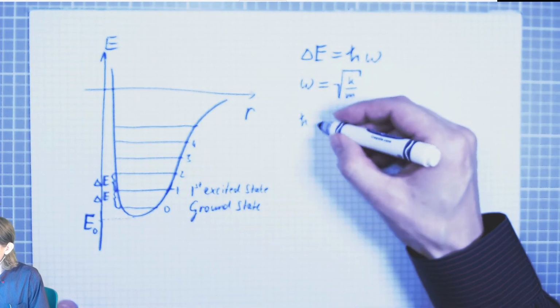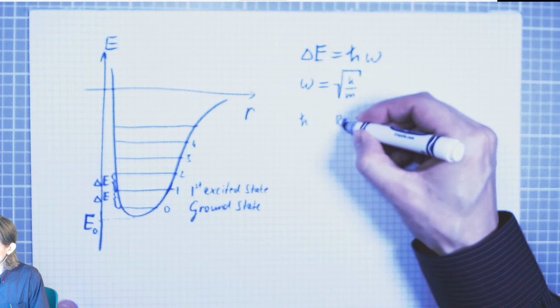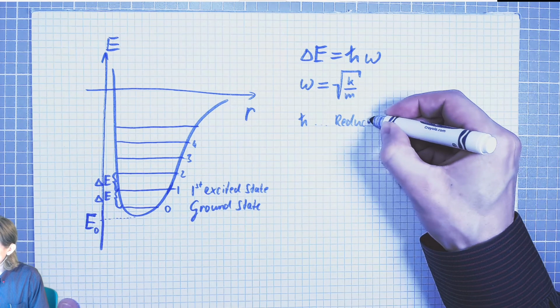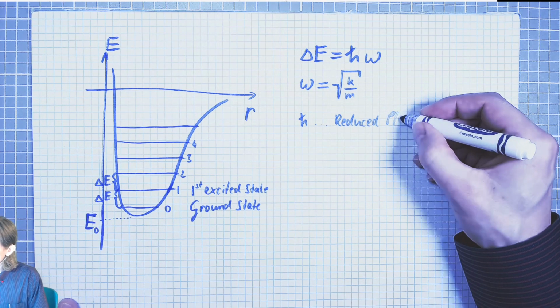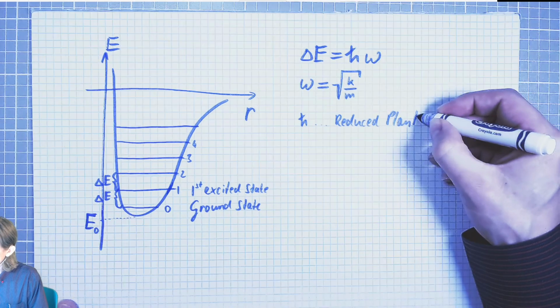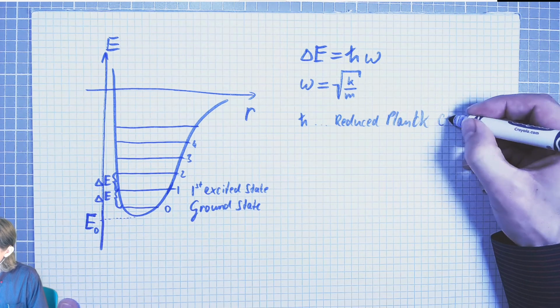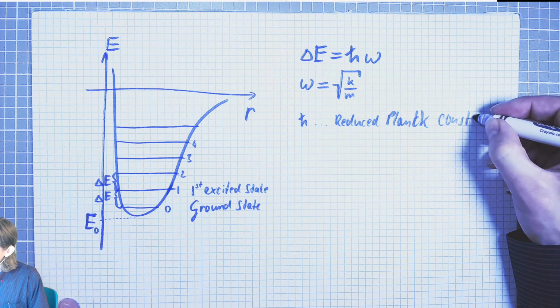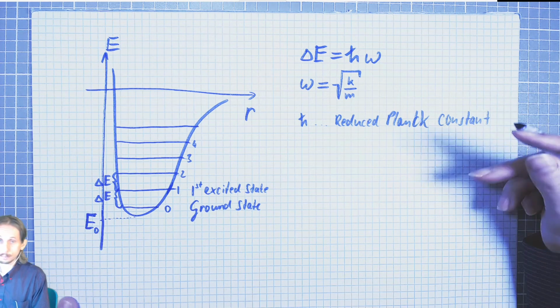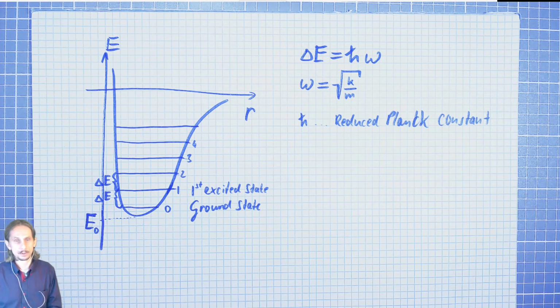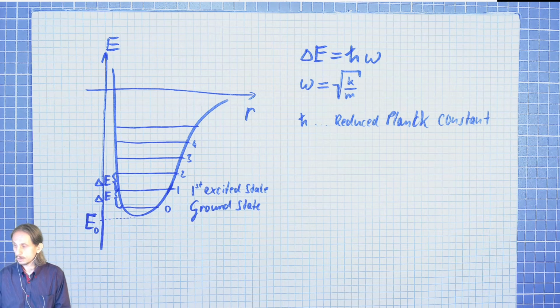H bar is the reduced Planck constant. It's named after Max Planck, who is the person who first proposed that energy should be quantized.